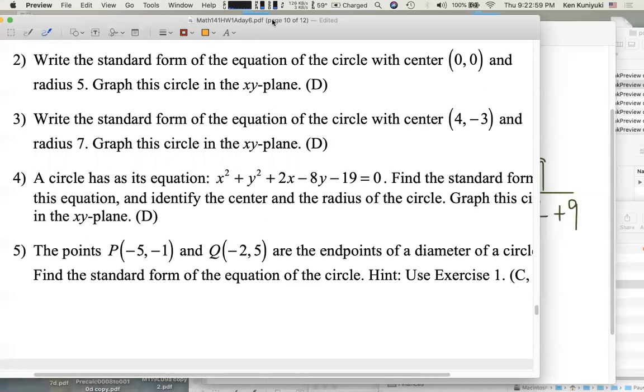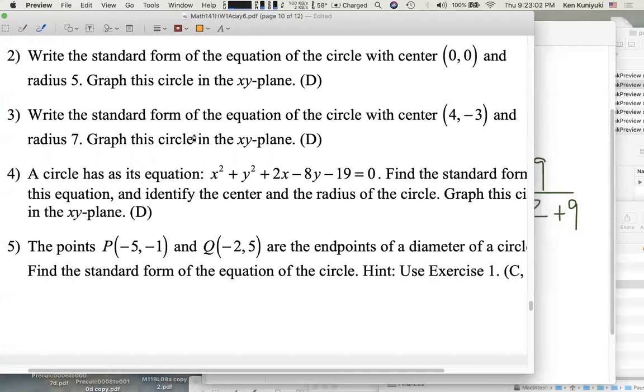Oh, yeah, I think I can answer this. Okay. These points are at the endpoints of a diameter, right? So it's like here's -5, -1. Here's -5, right? They're the endpoints of a diameter. But here's the thing, though.